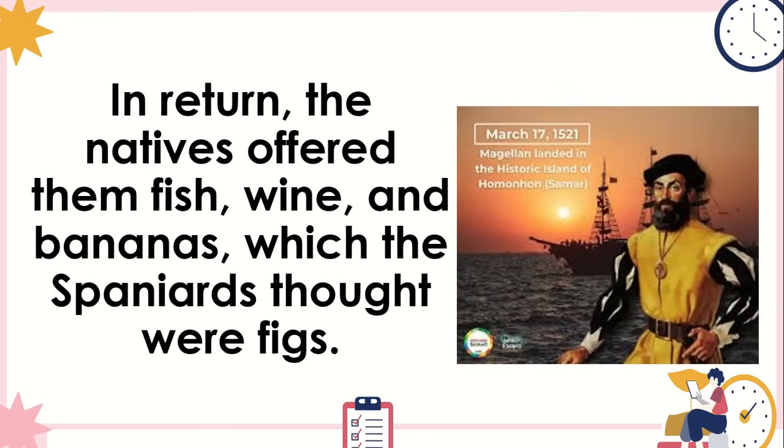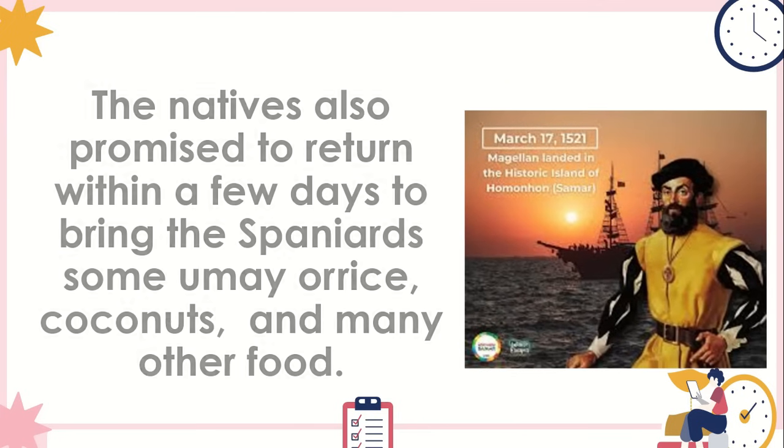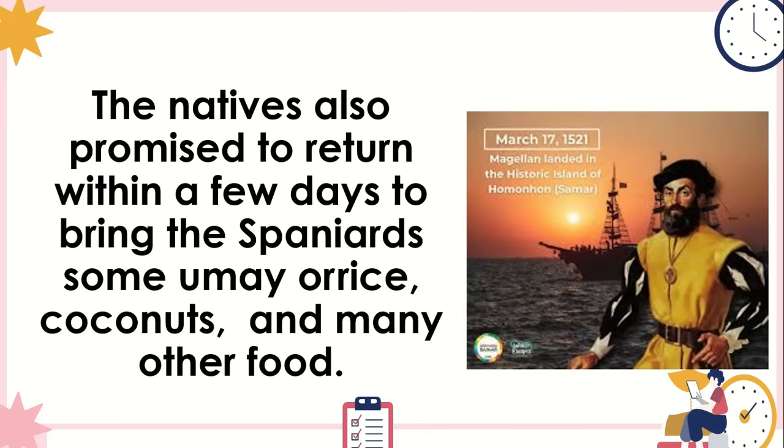In return, the natives offered them fish, wine, and bananas, which the Spaniards thought were figs. The natives also promised to return within a few days to bring the Spaniards some umay or rice, coconuts, and many other food.